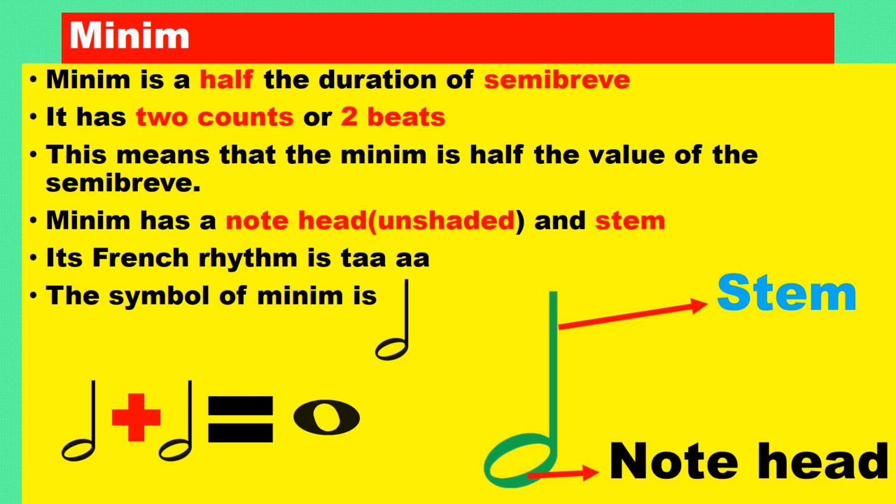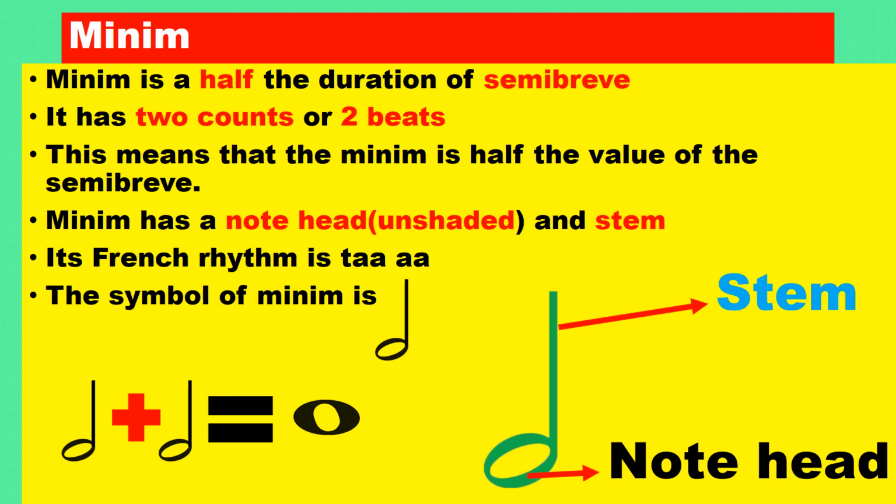Minim is half the duration of the semi-breve. This means it's like you divide a semi-breve into 2, so you get a minim. It has 2 counts or 2 beats, which means the minim is half the value of the semi-breve. Minim has a note head, which is unshaded, and a stem.